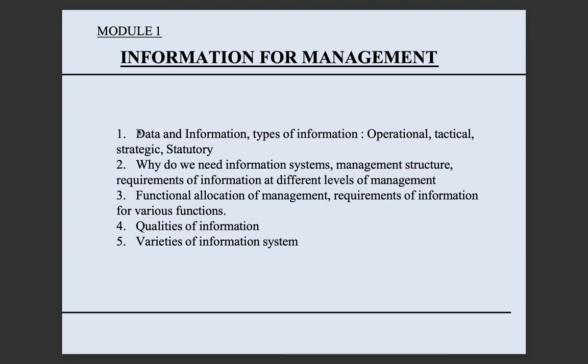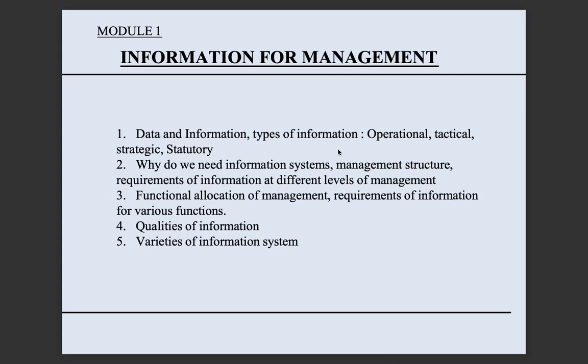As the first task, we will be discussing data and information, and the types of information. We will be categorizing these into a few categories: operational, tactical, strategic, and statutory.